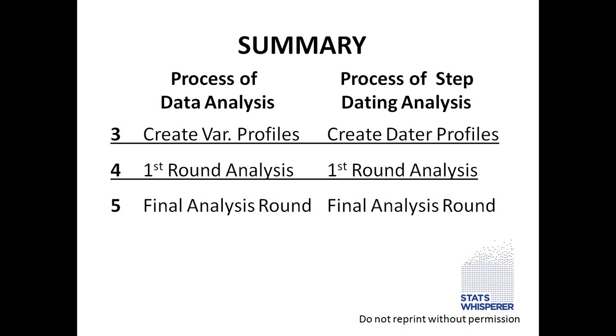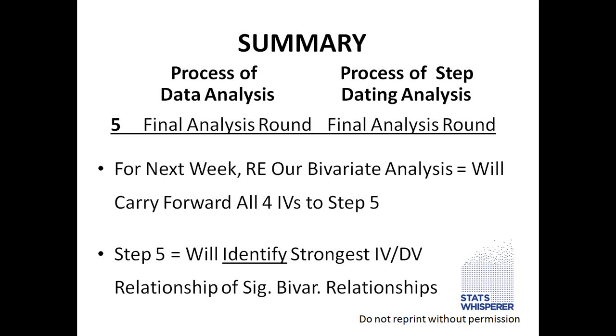This is a really important point that I'll repeat. In the final analysis round, we'll be able to consider all 4 independent variables and say which one has the strongest impact on happiness. And don't forget, if any of those independent variables did not have a significant relationship with happiness, our dependent variable, it would be left in step 4 and not carried forward into step 5.